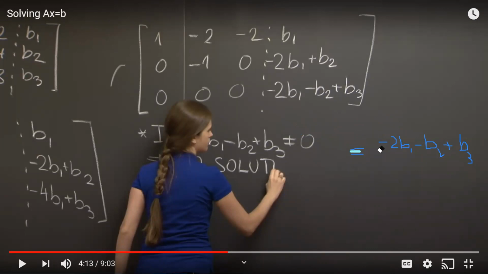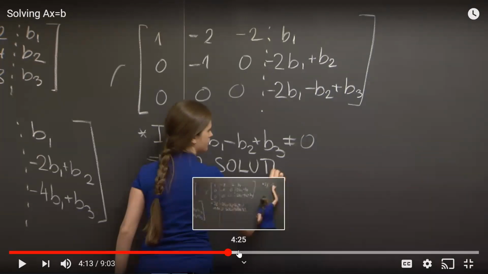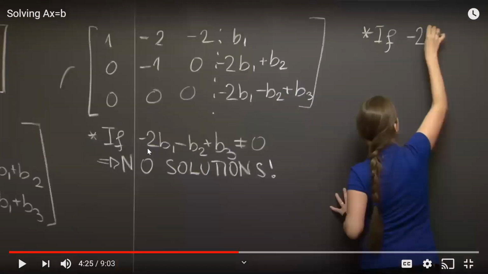Okay, good. Now I am in a situation where I can say that if minus 2b1 minus b2 plus b3 is not 0, then the system becomes inconsistent, no solution. So I can declare no solution.